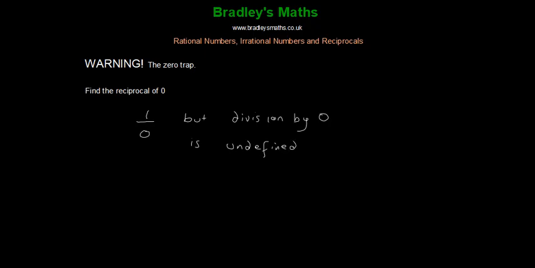So the reciprocal of 0 does not exist. The reciprocal of 0 does not exist. Please don't put 1 over 0. You will lose marks for it.